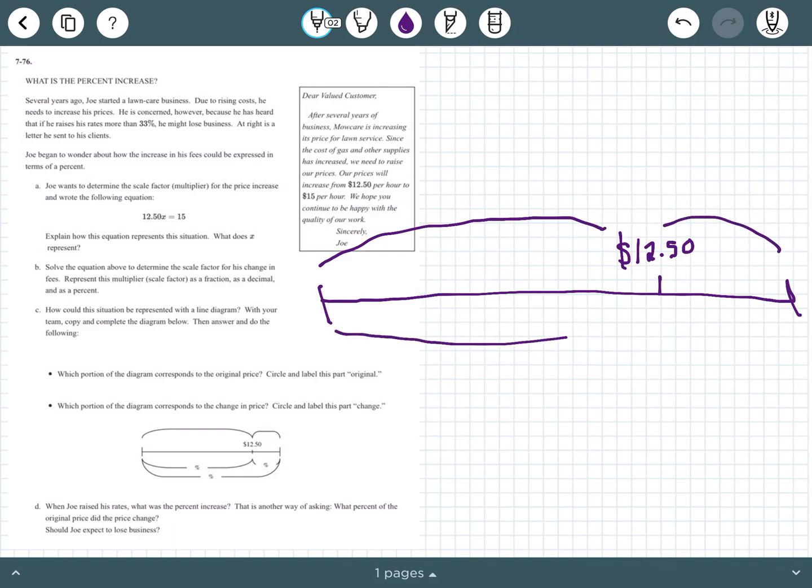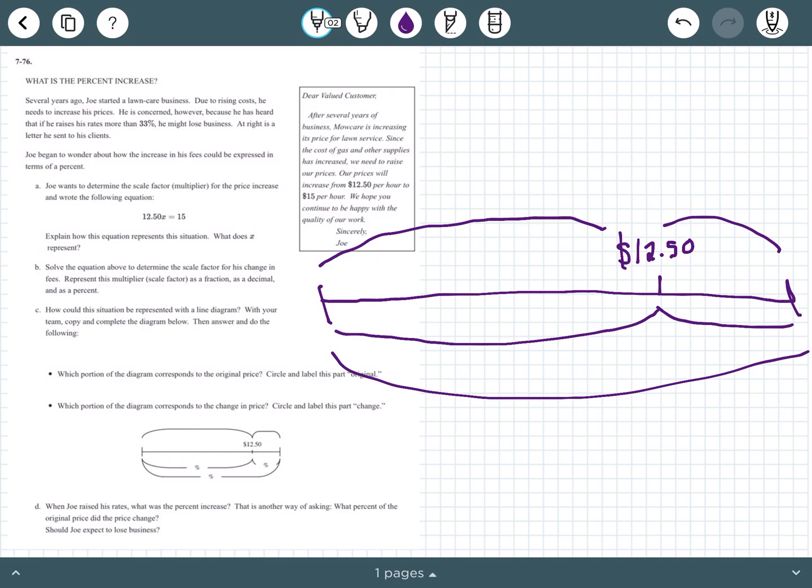On the bottom, we are dealing with percentages. When I am copying this down as the diagram, on top I would be speaking in terms of money, and on bottom, I would be speaking in terms of percentages.